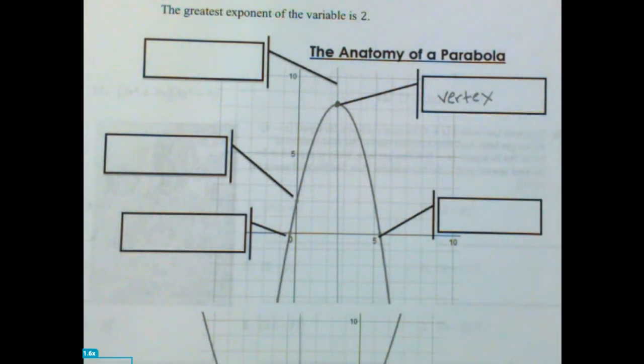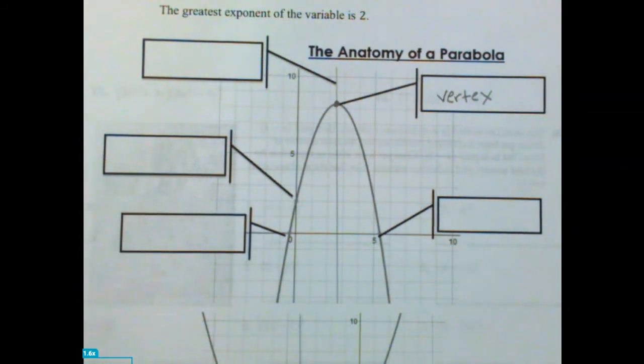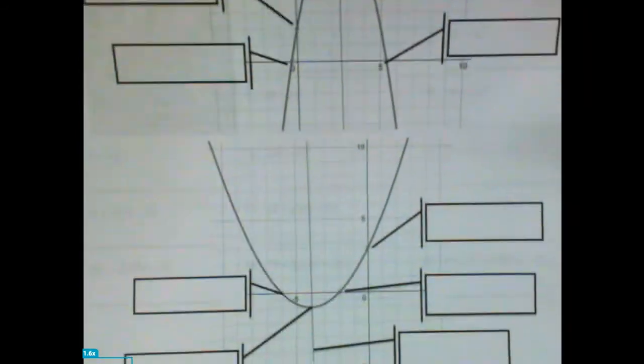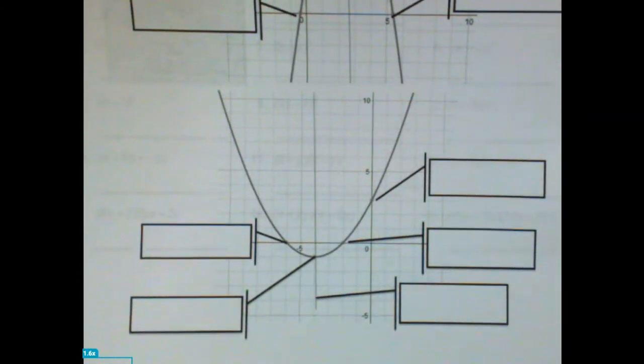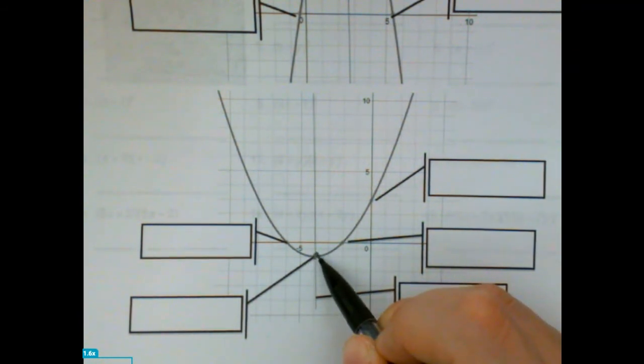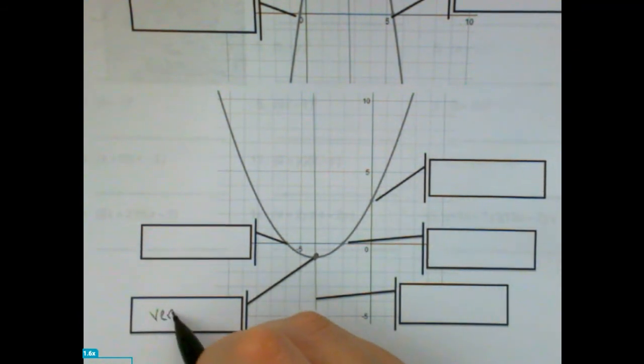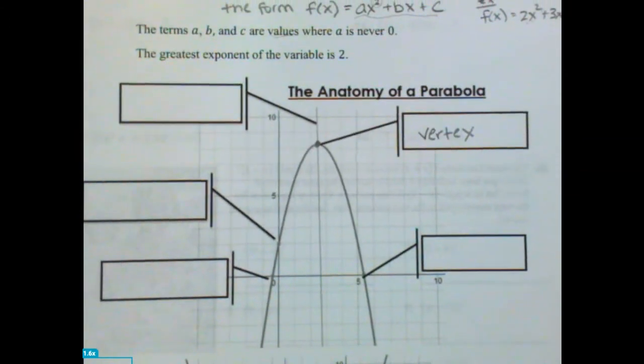Okay, it's where the graph goes from up to down, and then it can also be where it goes from down to up. So if we go down to this bottom shape down here, see, this is also a parabola because it just curves downward. This guy right here is this one's vertex. So it's where it goes from going down to going up, the very bottom or the very top of the parabola. So that's the first word we need to know.